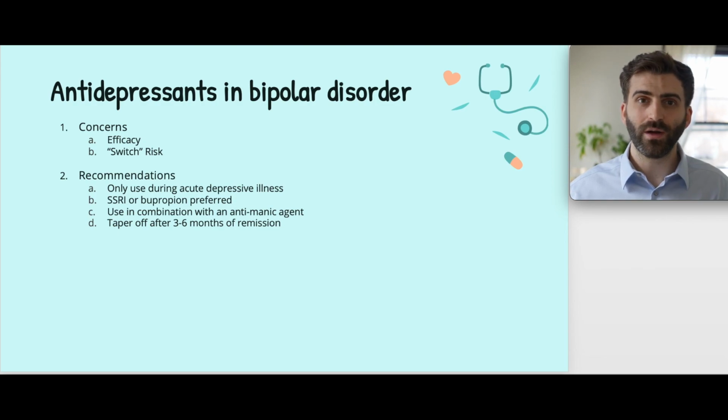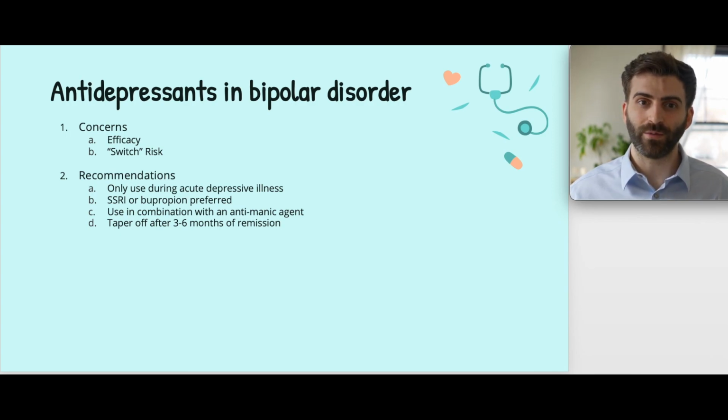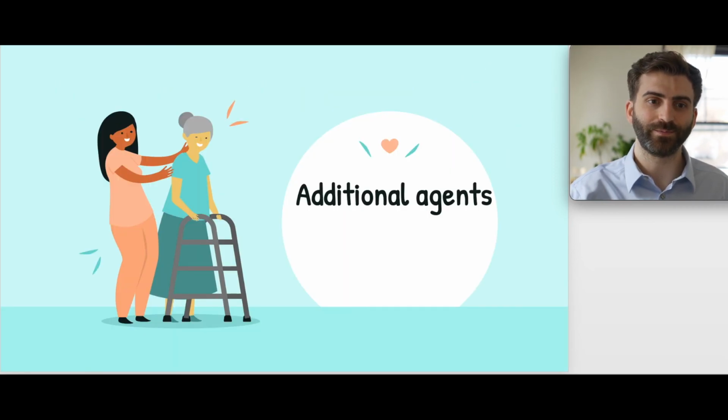If you're going to pick one, SSRIs or bupropion are preferred, and you want to use these in combination with an anti-manic agent. Typically, again, as like second, third, fourth line options, not as a first line option. Then you want to taper off after 3 to 6 months of remission from the bipolar depression side and not keep the patient on this medication forever.